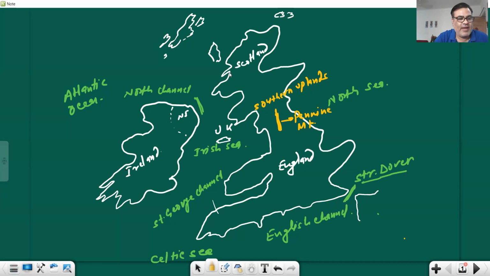And here you will find the Northern West Highlands. This is Scotland. The Southern Uplands lie between Scotland and this part. A few other mountains are there too, for example the Cambrian Mountains.